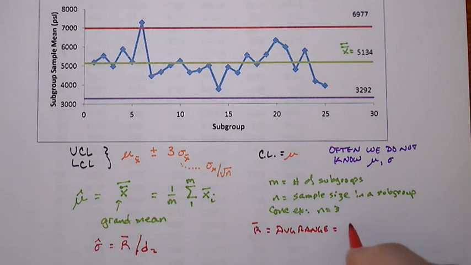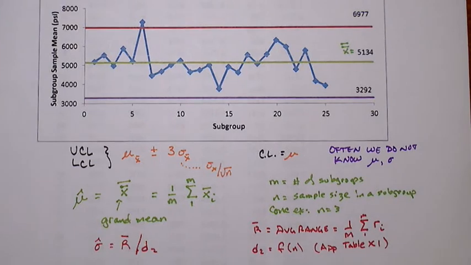We have M subgroups, and in each one of those we have an individual range, which is just the max minus the min in that subgroup. And then D2 is a function of our sample size, and you'll find that listed in the appendix of Montgomery and Runger, in table Roman numeral 6.